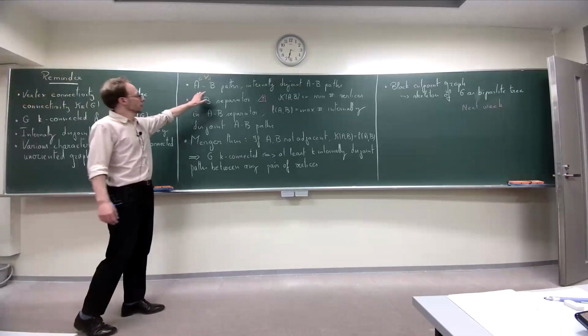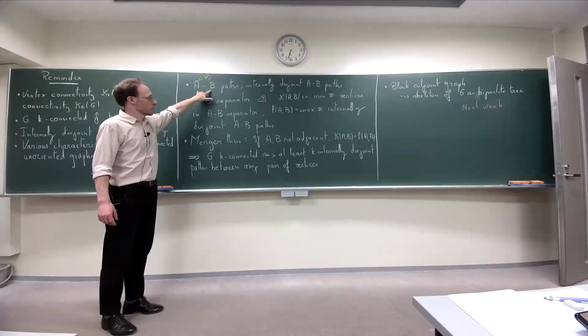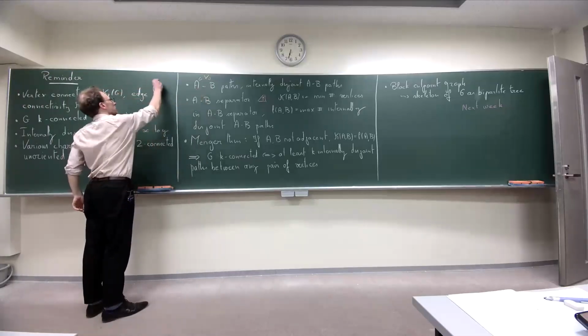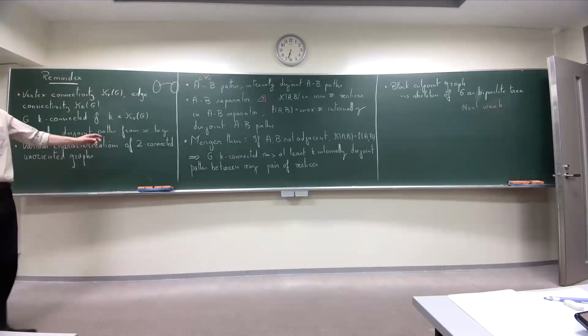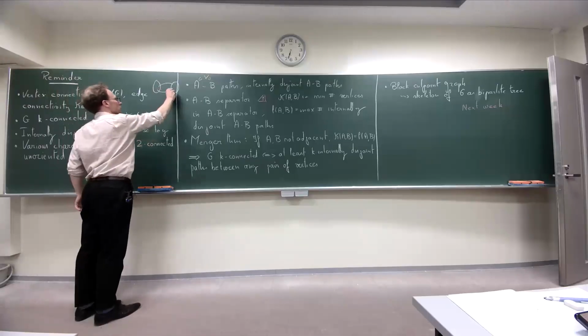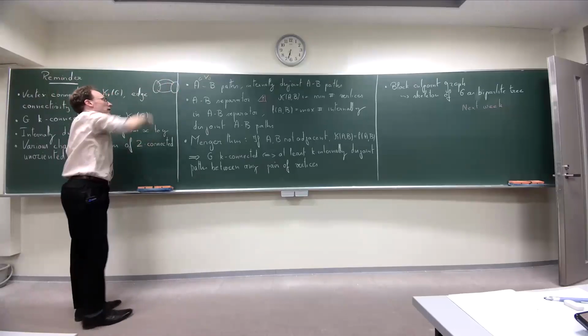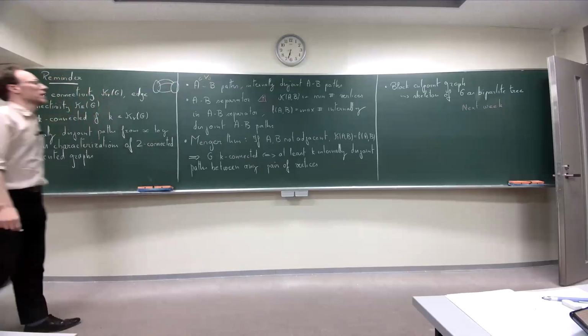Then we generalized these notions for two subsets. We spoke about an AB path, a path from any point in A to any point in B, and the notion of internally disjoint AB paths, which means they do not have any common vertex except in A and B.